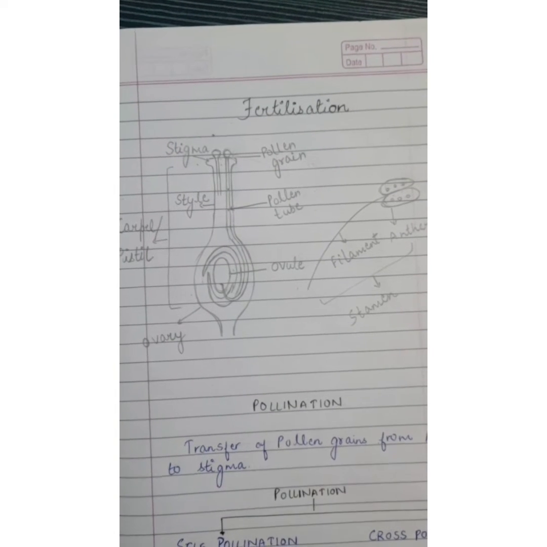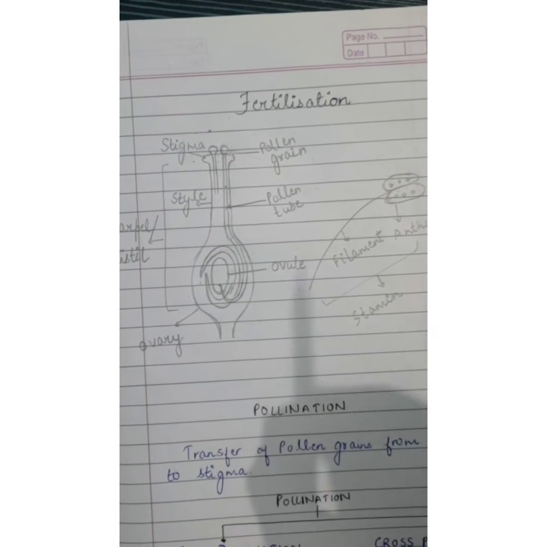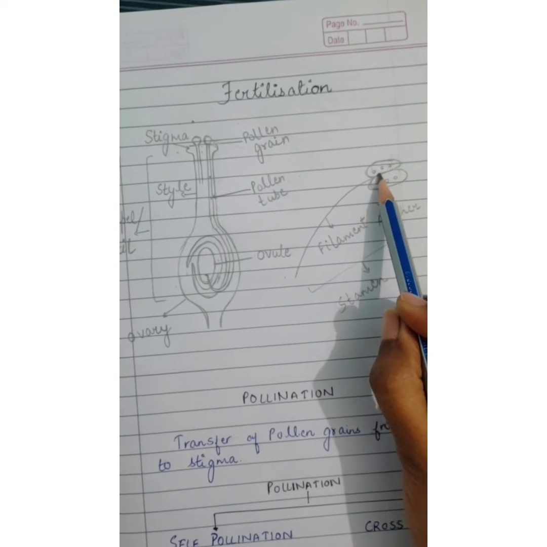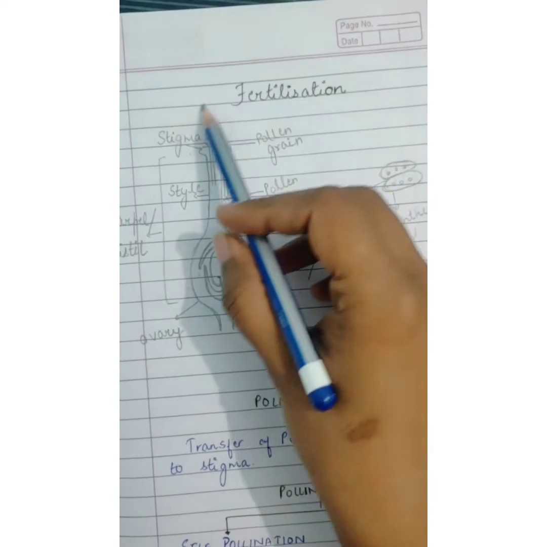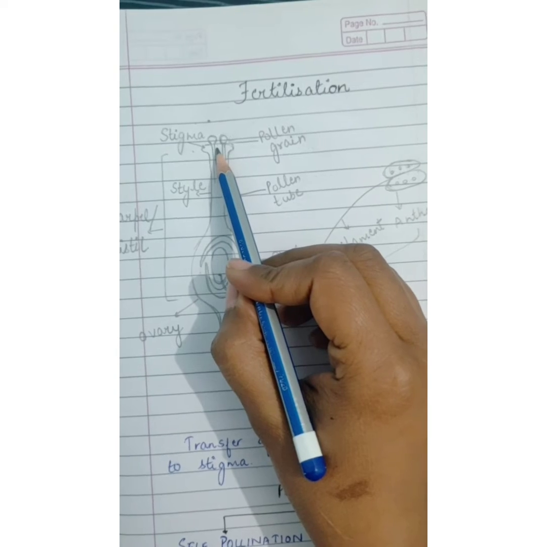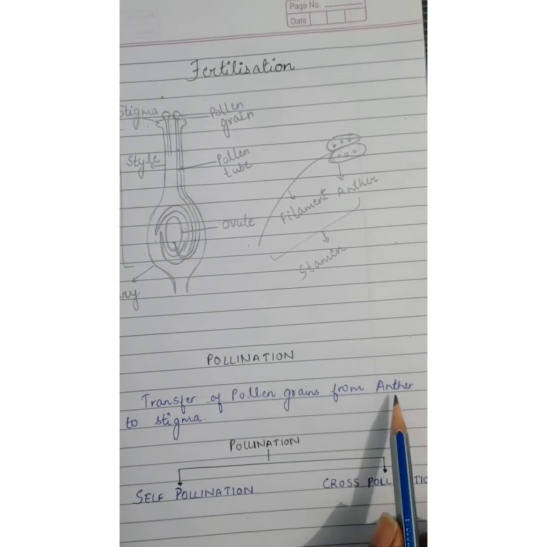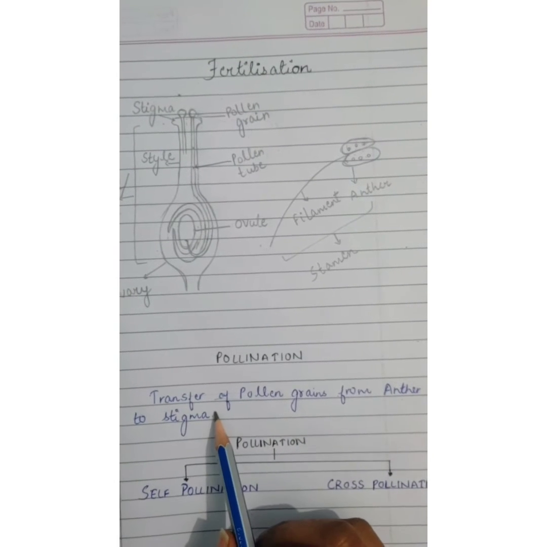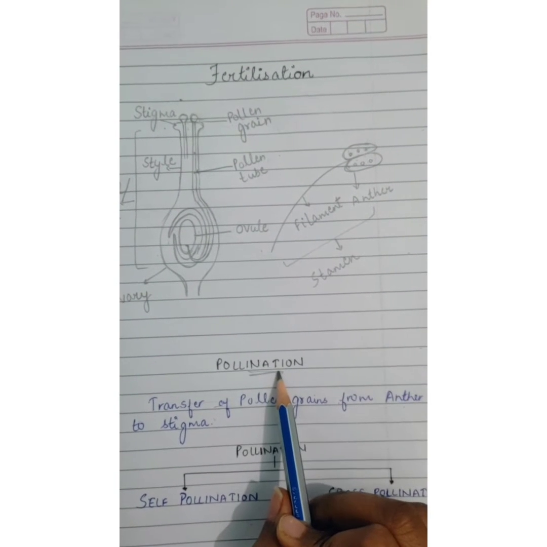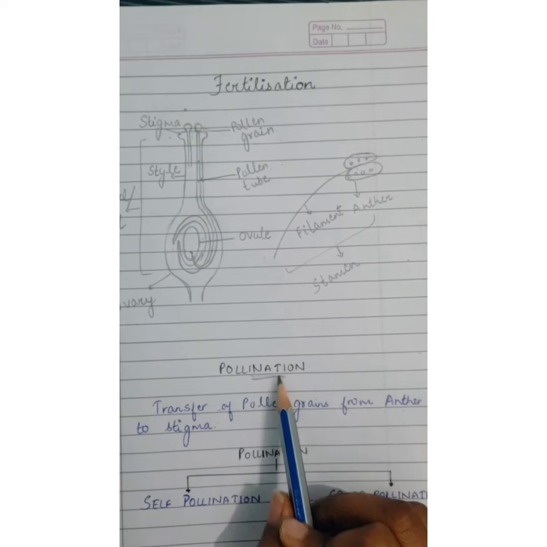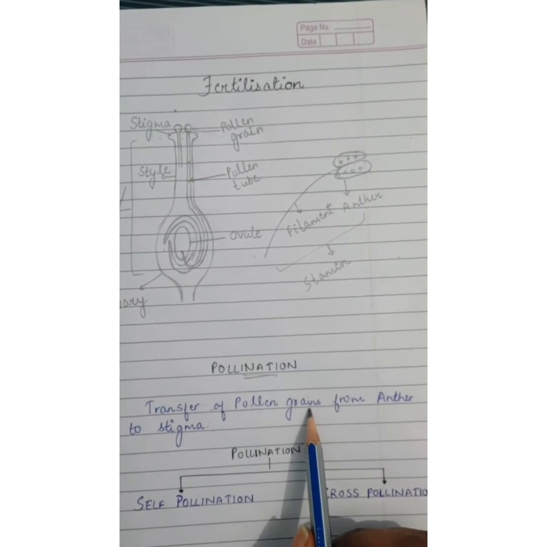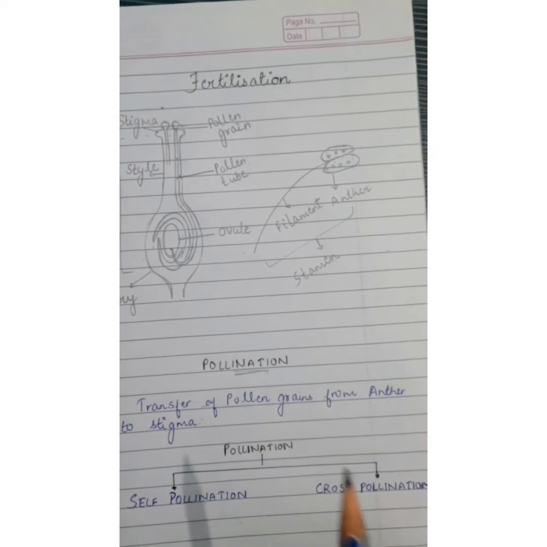For fertilization to take place in flowers, pollen grains from the anther need to be transferred to the stigma. This process of transfer of pollen grains from anther to stigma is known as pollination.